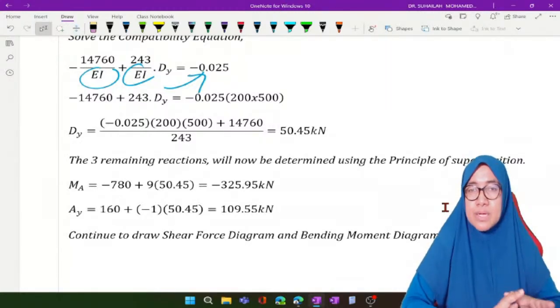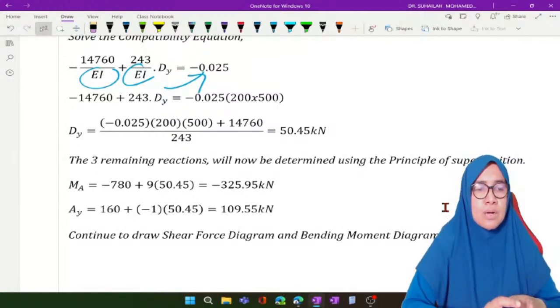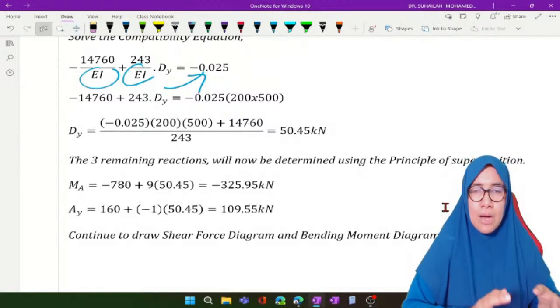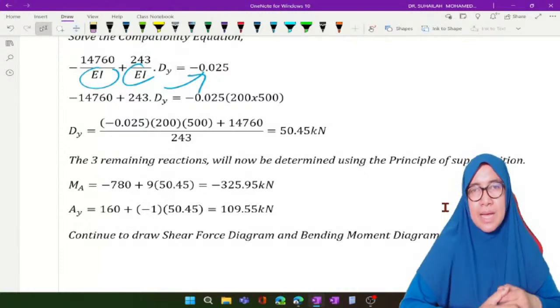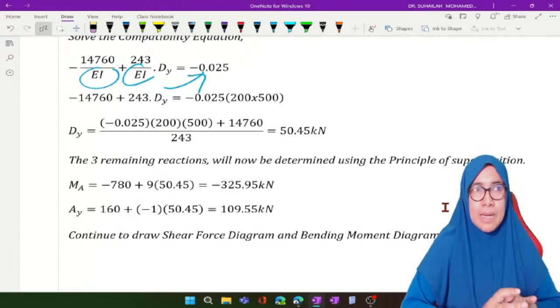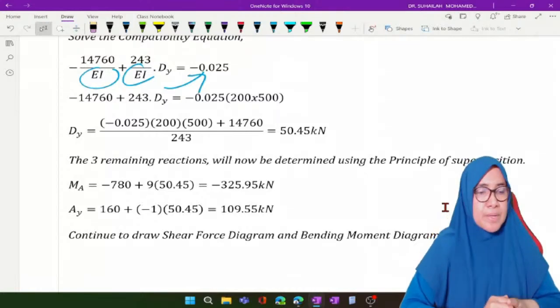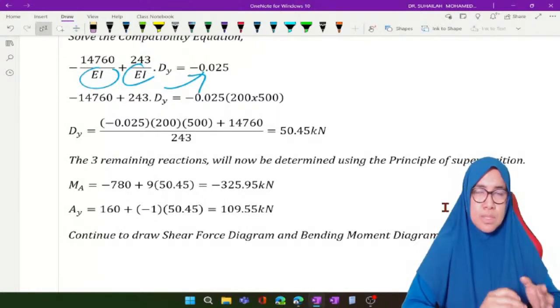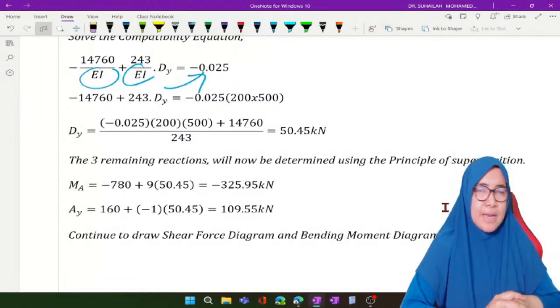I believe students should be able to analyze a frame when you understand beam analysis, because beam and frame have similar analysis except a frame has vertical elements, a combination of vertical element and beam element. So I want you to continue with the same procedure. Choose any other question. You can choose a frame as well.